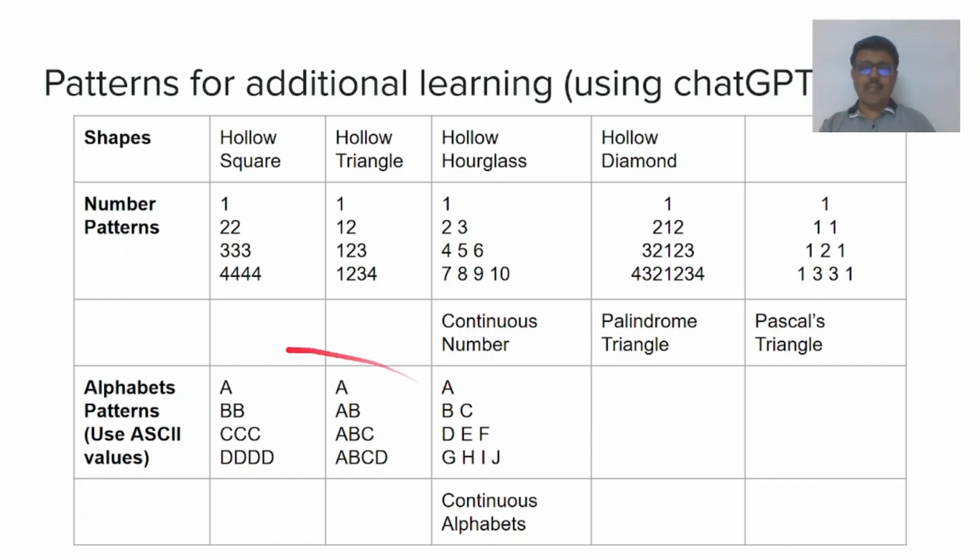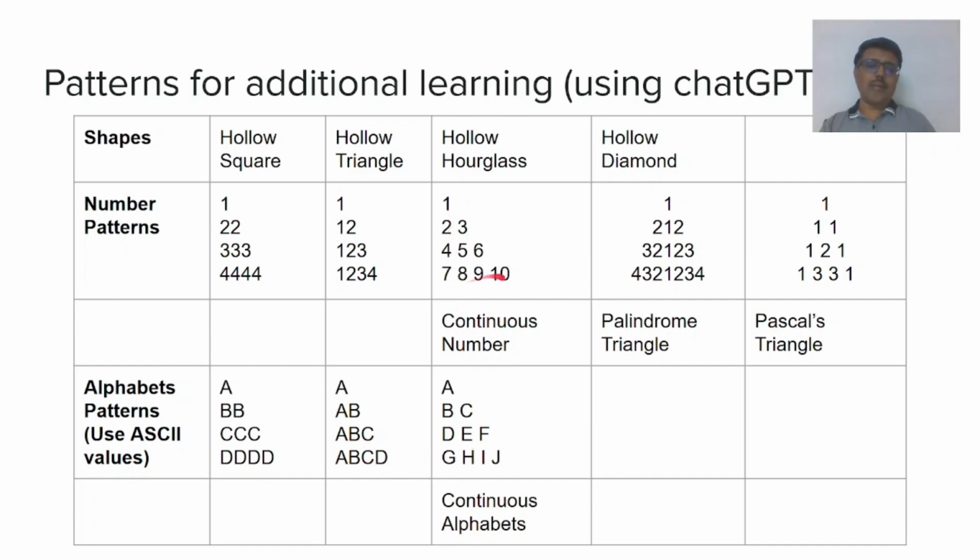The same way you did it with numbers, you can also do it with alphabets. Like A, B B, C C C, D D D D, like this you'll be able to do. Similarly, you can have A B C, A B C D, like that.